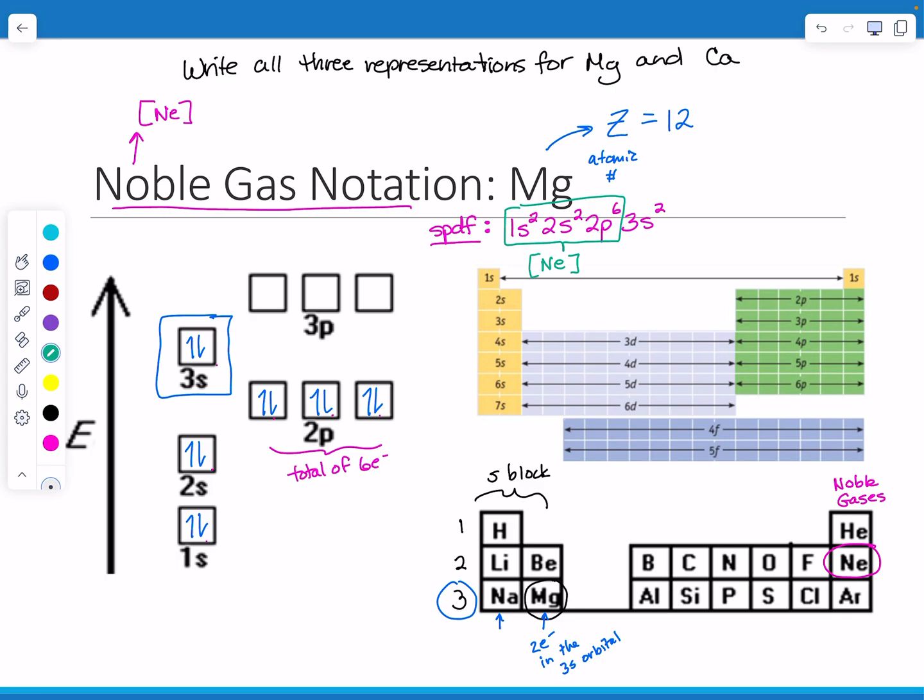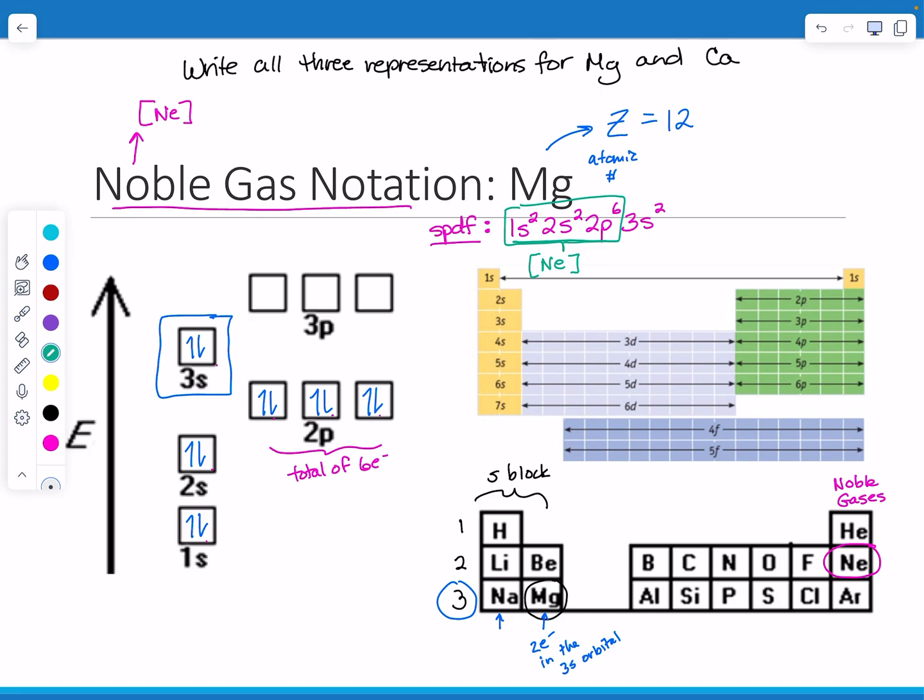If we wrote the electron configuration out for that, it would be 1s2, 2s2, 2p6. So the noble gas notation saves us a lot of writing as we get to larger and larger elements. But that's not really why we like to use it. The reason we like to use it is because it only shows us the valence electrons explicitly.